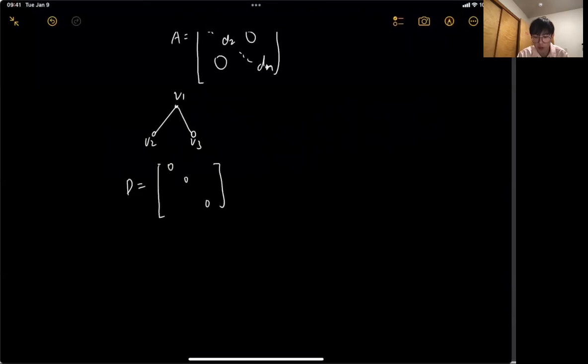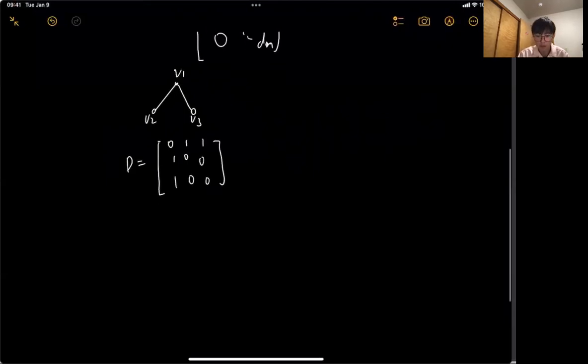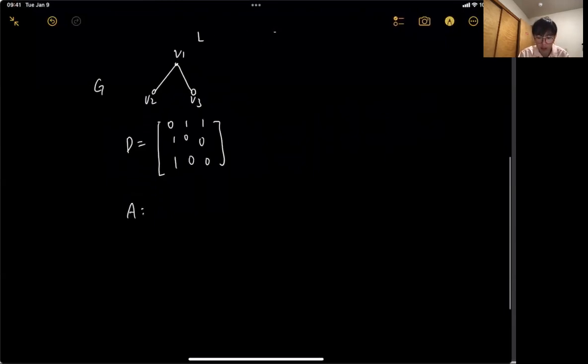V1 is adjacent to V2, so we have 1, and V1 is adjacent to V3, so we have 1. They are symmetric, and V2 is not adjacent to V3, so we have 0. This is the adjacency matrix for this graph G. For the degree matrix, V1 is 2, V2 is 1, V3 is 1, and 0 otherwise.